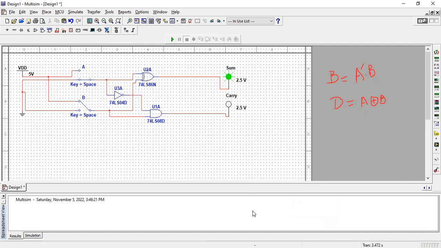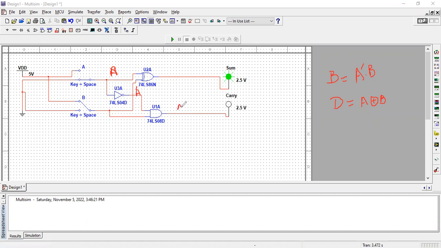So I just need to highlight what I'm going to do. This is the A input, and after this NOT gate, this input is now the A complement. And next over here is B.